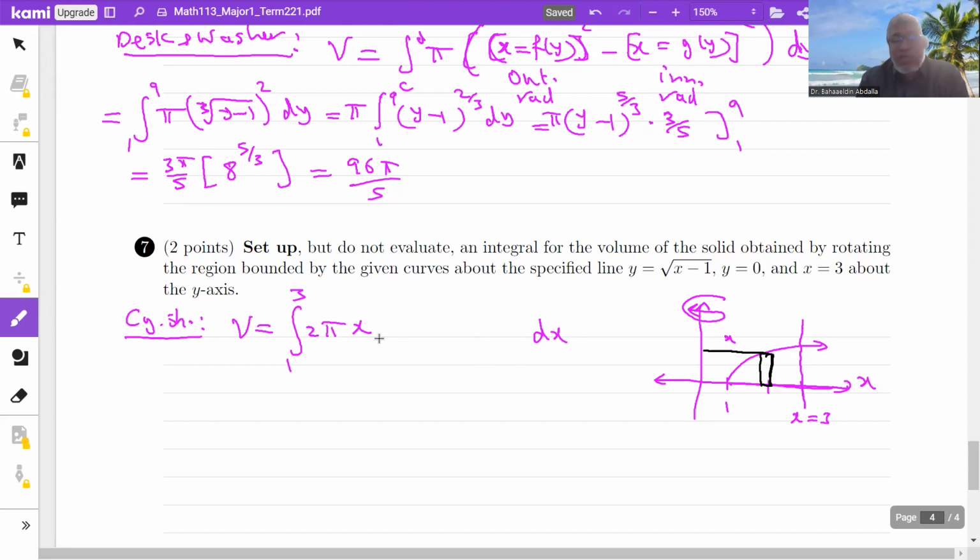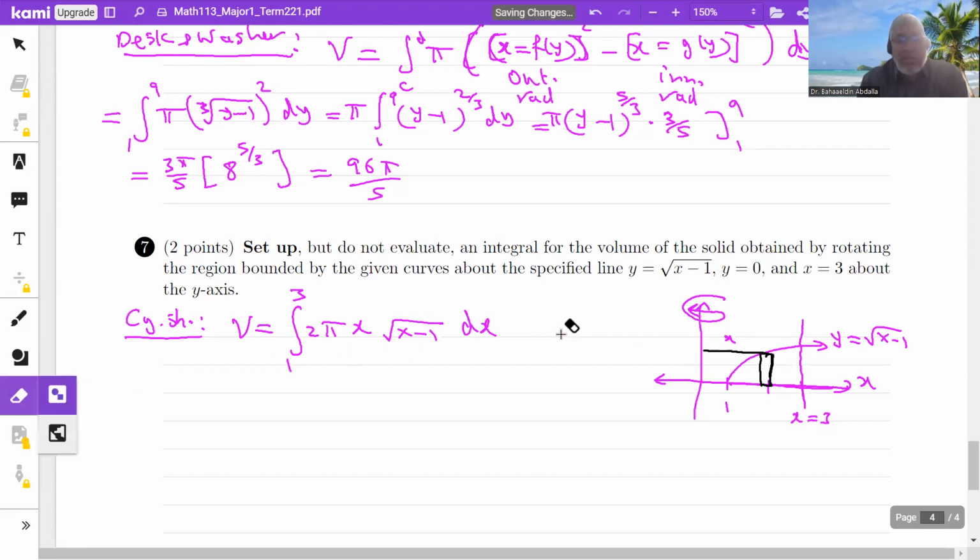I don't need to change it because the integral is with respect to x. And the height of the rectangle, this is the function y equals square root of x minus 1. So it's in fact square root of x minus 1. So this integral will give you directly the volume if you use cylindrical shells.